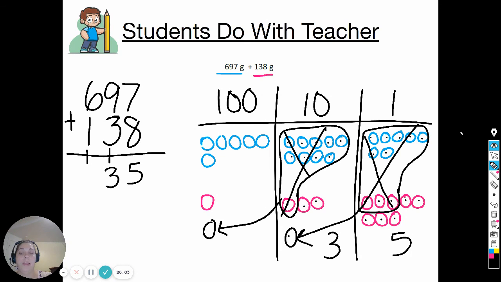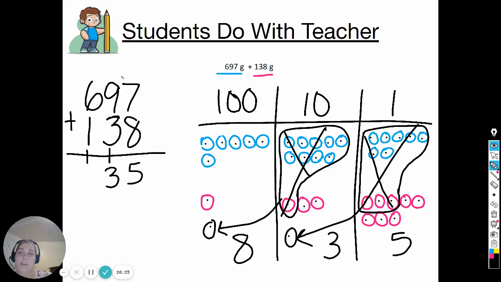Okay, and now we're at our last step, which is counting the hundreds. 100, 200, 300, 400, 500, 600, 700, 800. We have 8 hundreds.